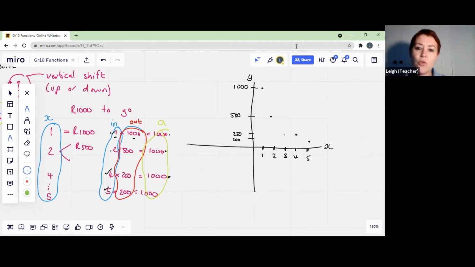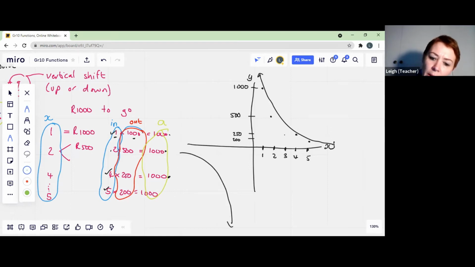What this makes, grade 10s, is a really weird looking curve. Now I'm going to try and draw this as best as I can. Like that. Not brilliant, but not too bad. That's what it looks like. And then it has a mirror image over here.